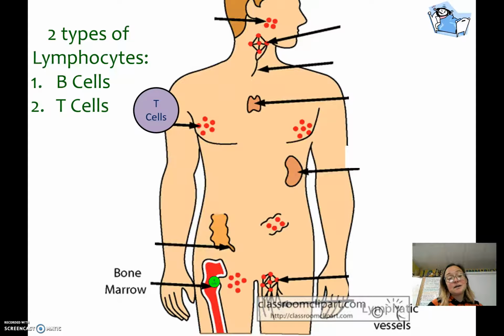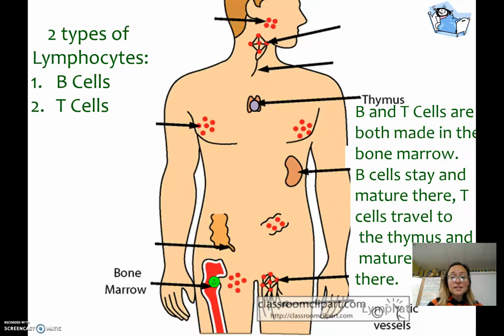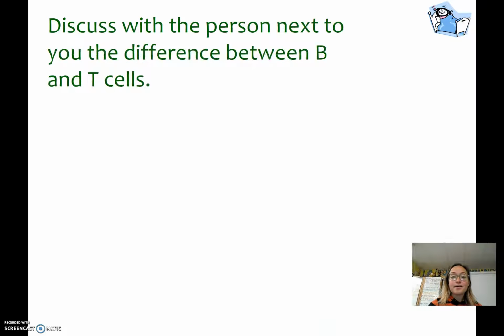And then we have T cells. T cells are going to be made as well in the bone marrow, but will actually travel to the thymus, and that's where they'll finish development. So our B and T cells are both made in bone marrow. B cells stay there and mature, and T cells travel to the thymus and mature there.